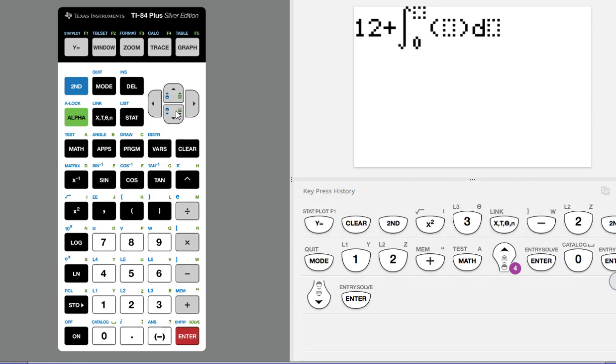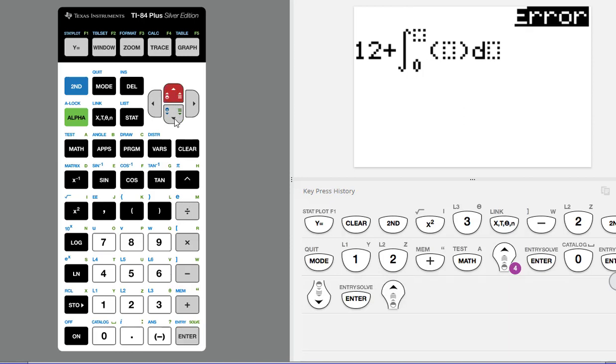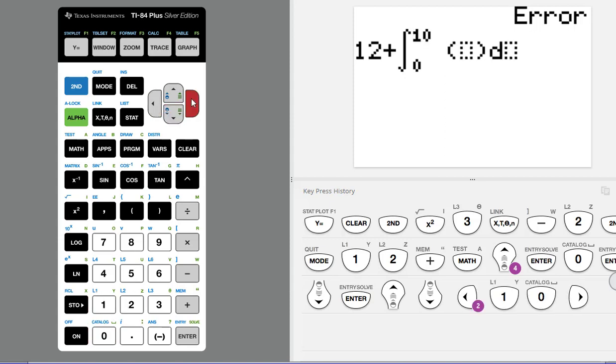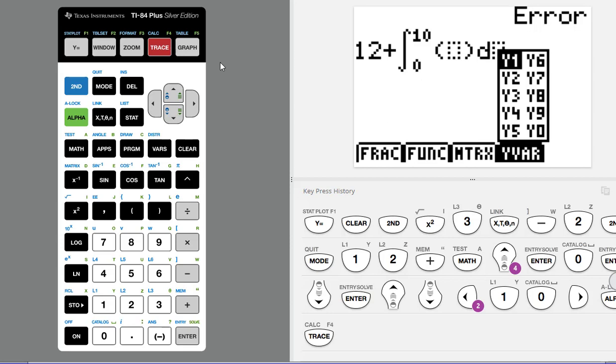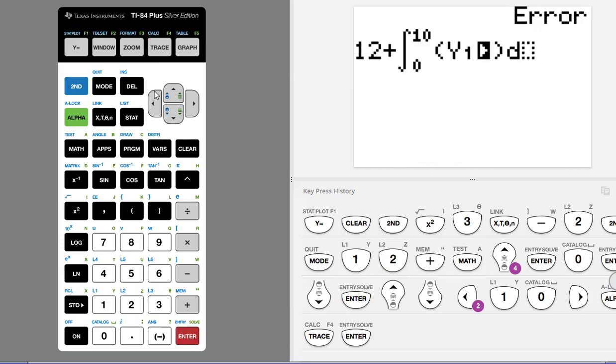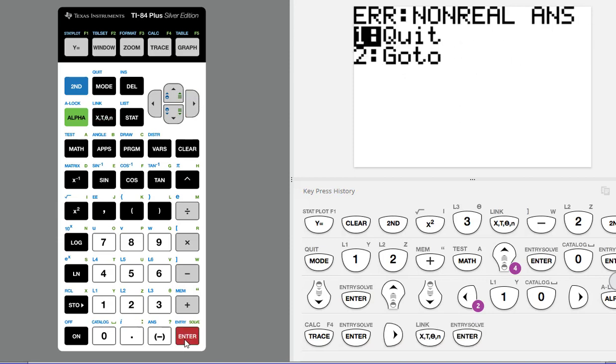So we're going from 0 to 10. Okay, and I can tell it which function. If I do alpha and the trace key, I can select y1 very quickly, and then dx. Oh, it didn't like that.